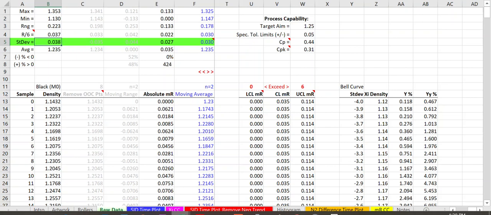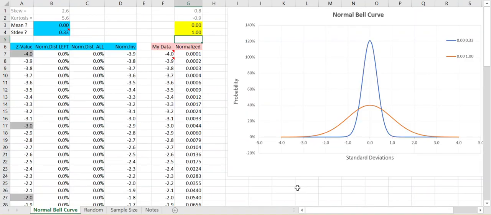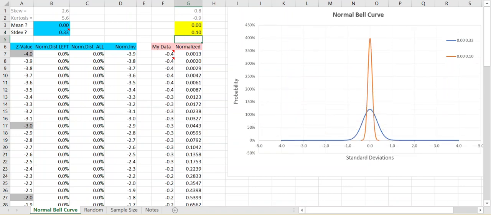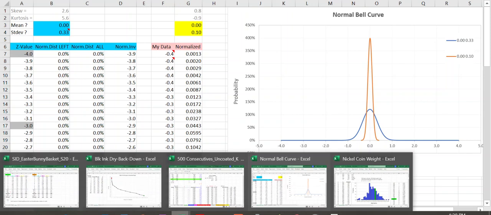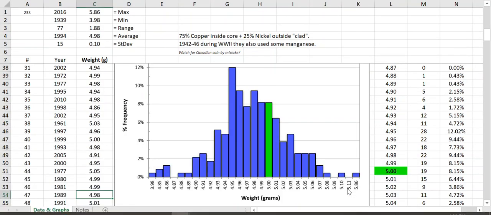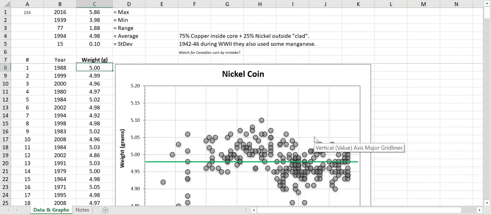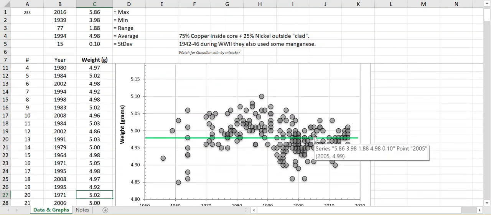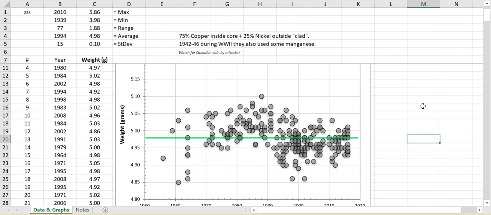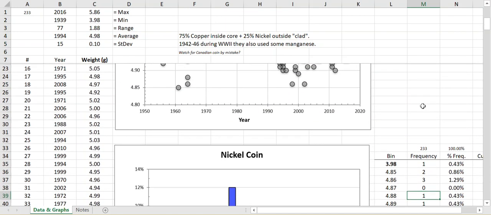And we saw what it means when you change the standard deviations, and we also took that concept or principle and we applied it to measuring the weight of coins. So we had an XY scatter plot diagram showing us how these were distributed. And then we also took that data and we put it into a histogram.